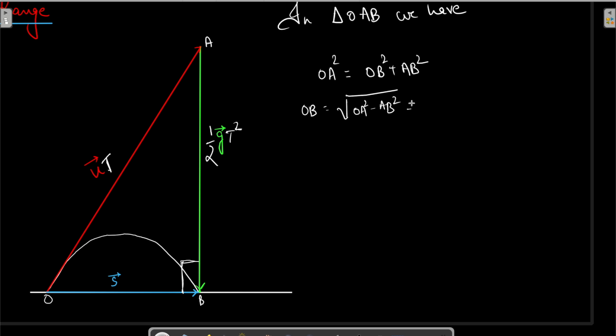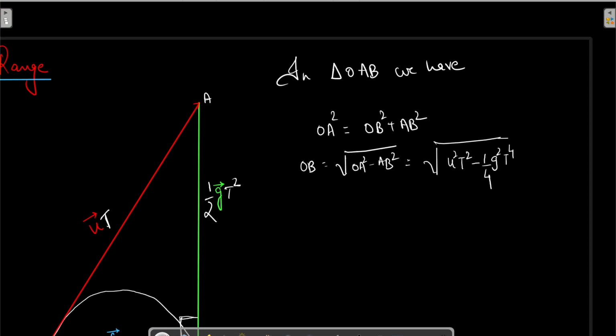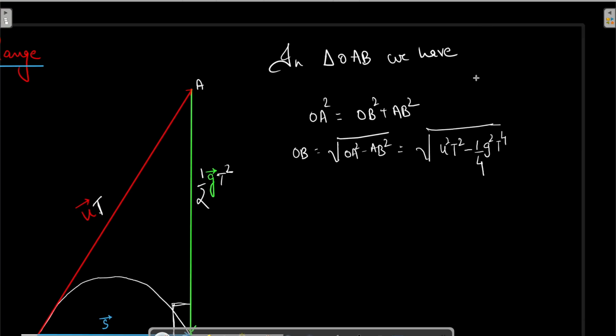We write their values. OA is u square t square, minus 1 by 4 g square t power 4. And how much is the t? T is equal to 2u sine theta by g.